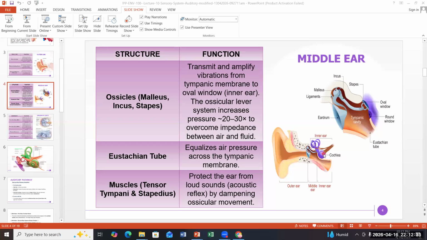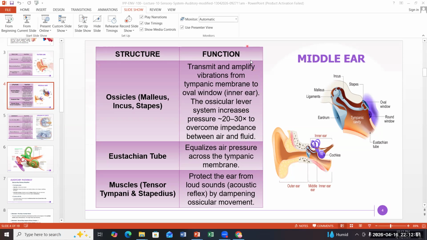And all the remaining part, including cochlea, including eustachian tube, including these muscles, this is all the part of inner ear. So the human ear is divided into outer ear, middle ear, and inner ear.